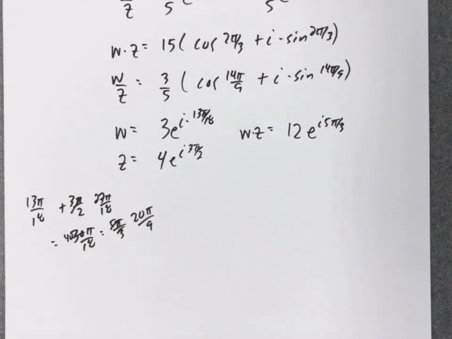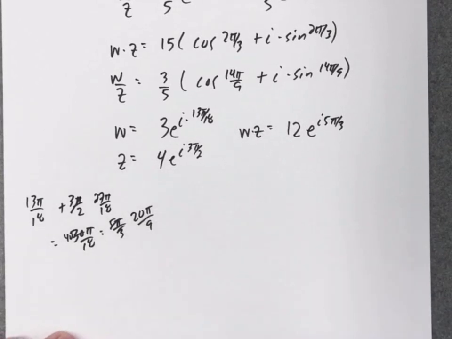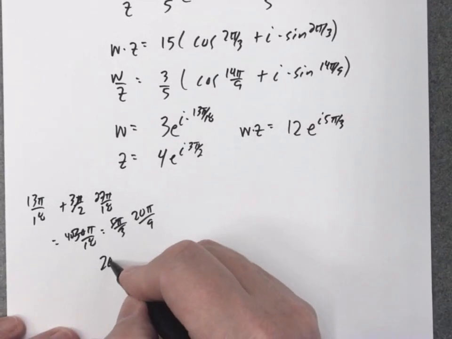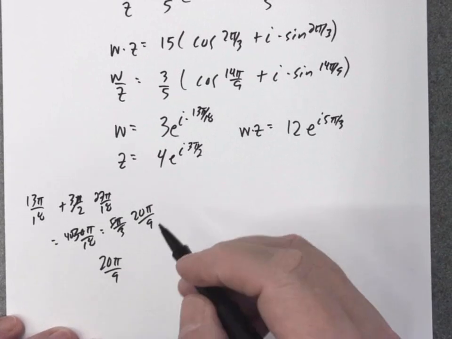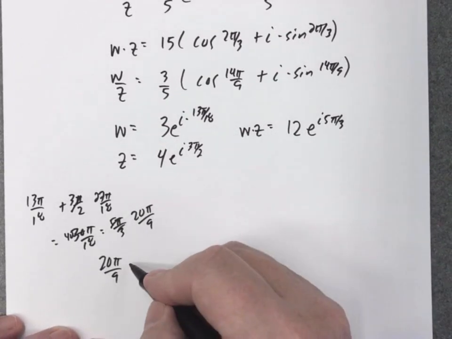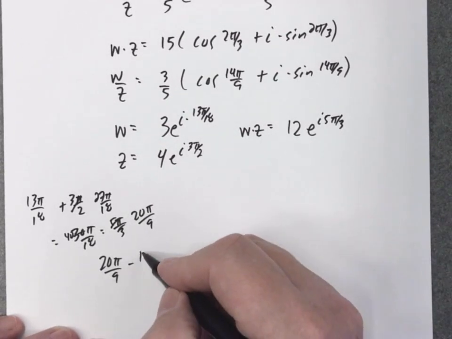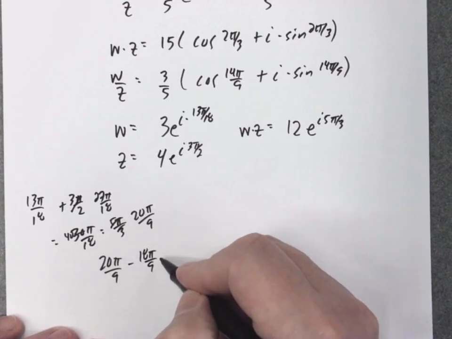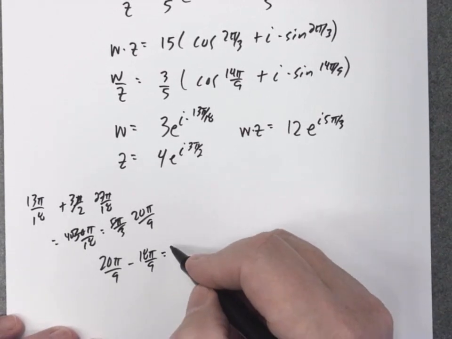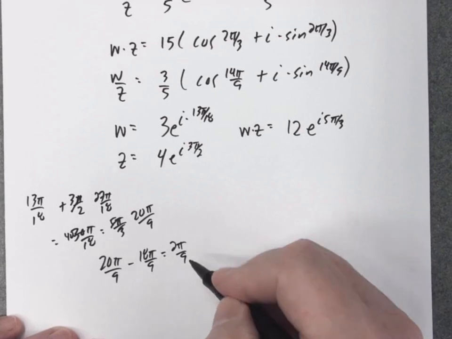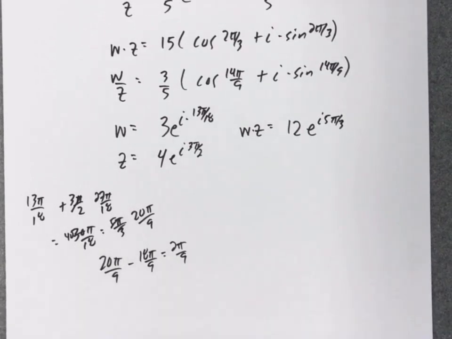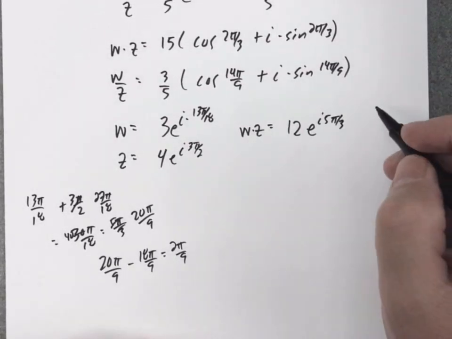And unfortunately, that's outside of 2 pi. So I'll subtract 18 pi over 9 to get it inside of 0 to 2 pi, and that's 2 pi over 9, which is the answer I was expecting.